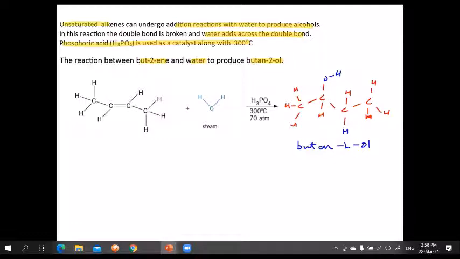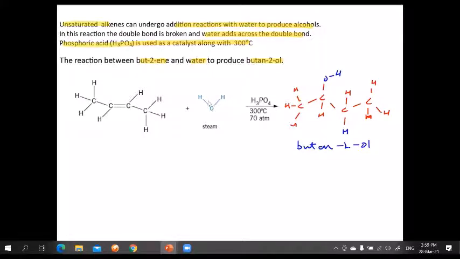So we react your alkene with water to make an alcohol. In this reaction, the double bond is broken, and then water adds across the double bond.